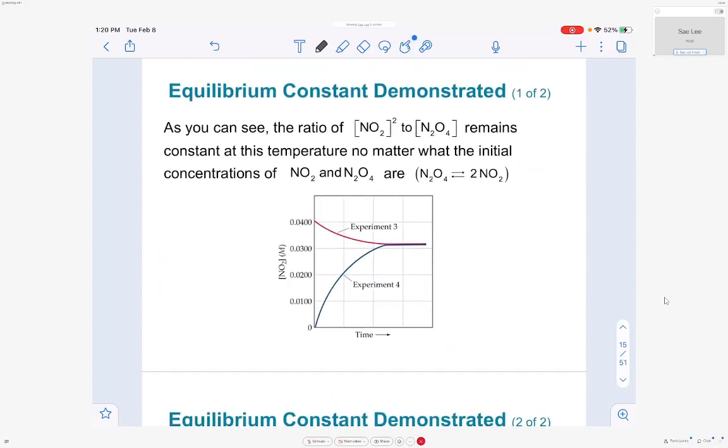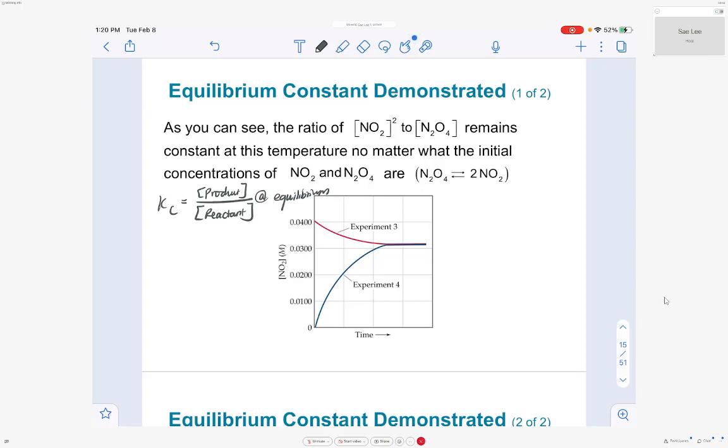So now that we have finished exploring Kp, let's go back to Kc and discuss a little bit more about the equilibrium constant Kc. Again, Kc is a ratio of the equilibrium concentration of product over the concentration of reactant at equilibrium.